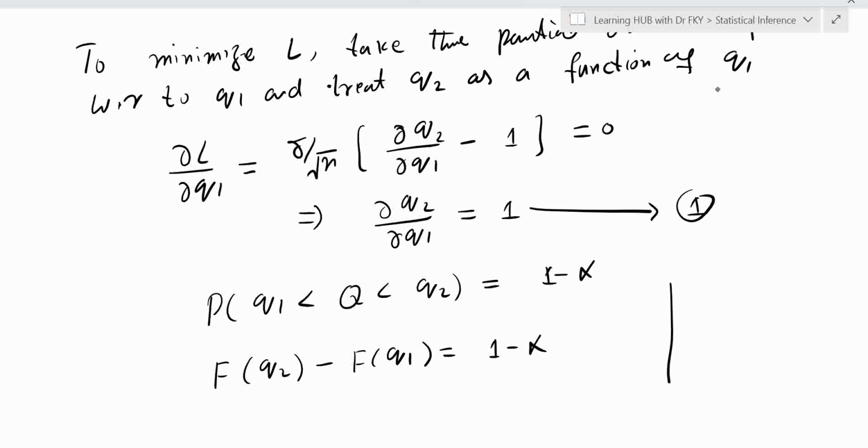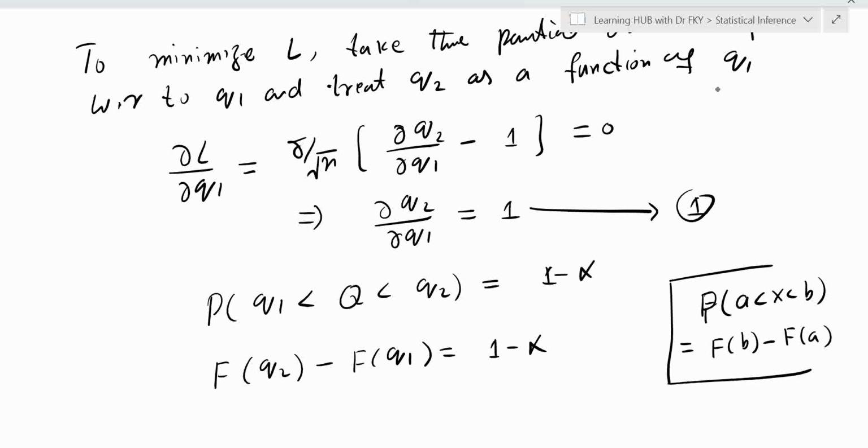This is the property of the cumulative distribution function: suppose x is a random variable and we write P(a < X < b), we can write this as cumulative distribution function at point b minus cumulative distribution function at point a.